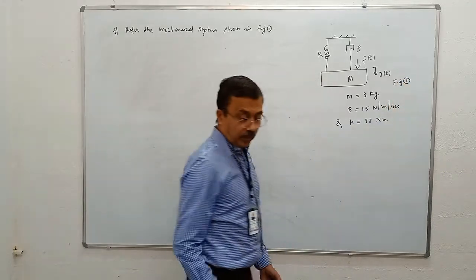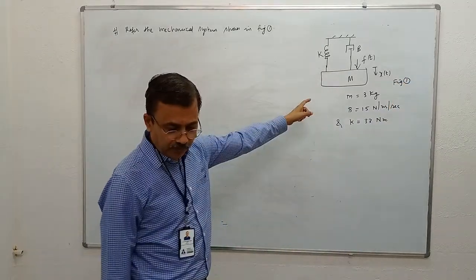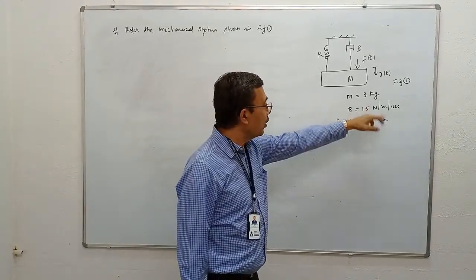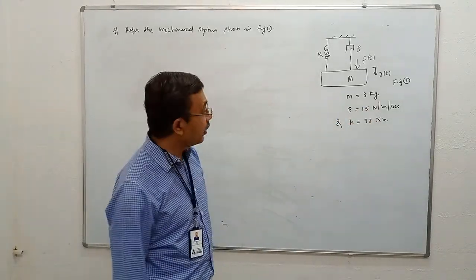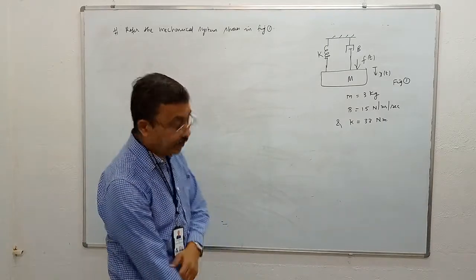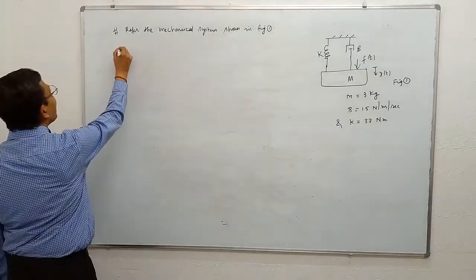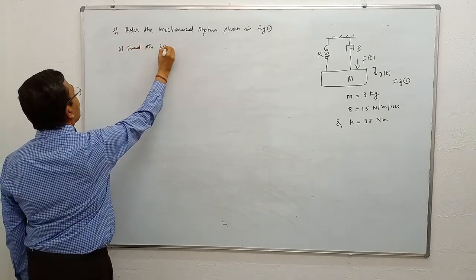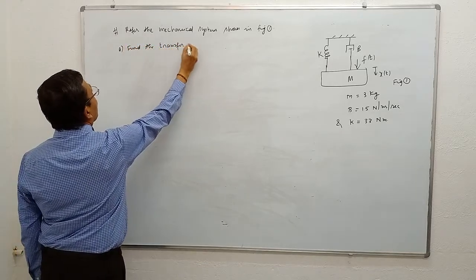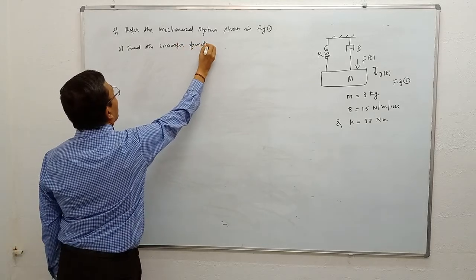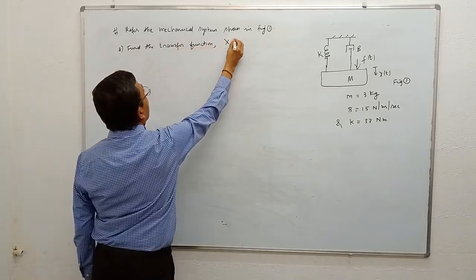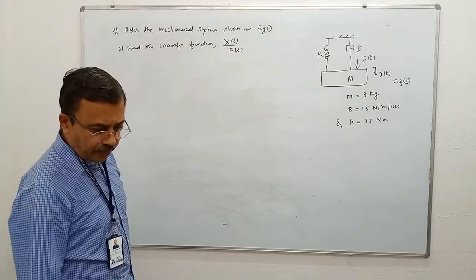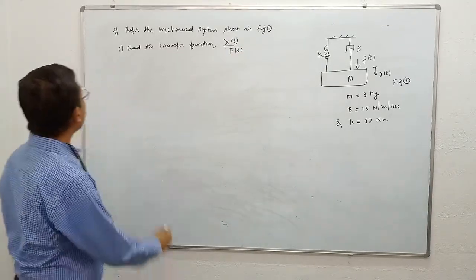The values of m, b and k are given. M is equal to 3 kg, b is equal to 15 newtons per meter per second, and k is equal to 33 newtons per meter. Part A. Find the transfer function x of s divided by f of s.